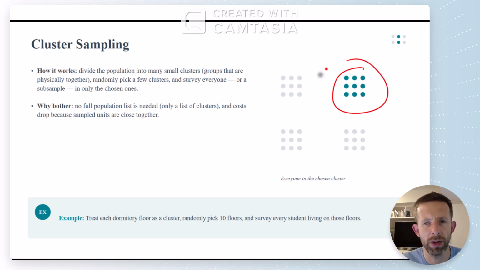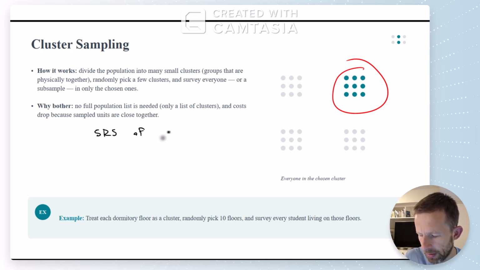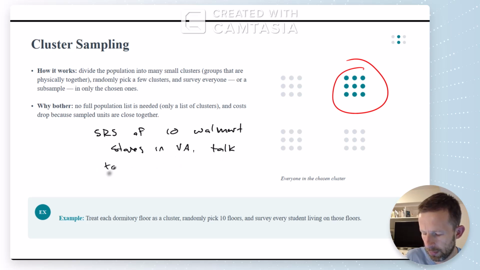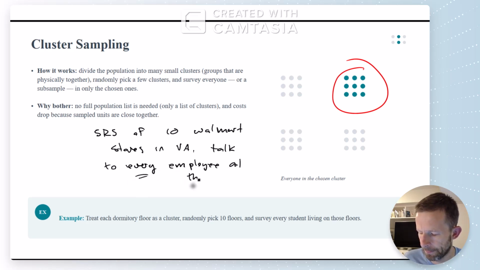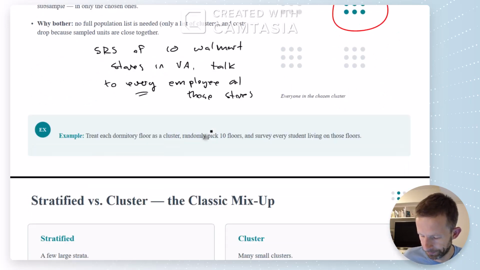Another example would be Walmart stores. Do an SRS of 10 Walmart stores in Virginia. Talk to every employee at those stores. So the idea here is Walmart stores would be clusters, so different Walmart stores are similar to one another.